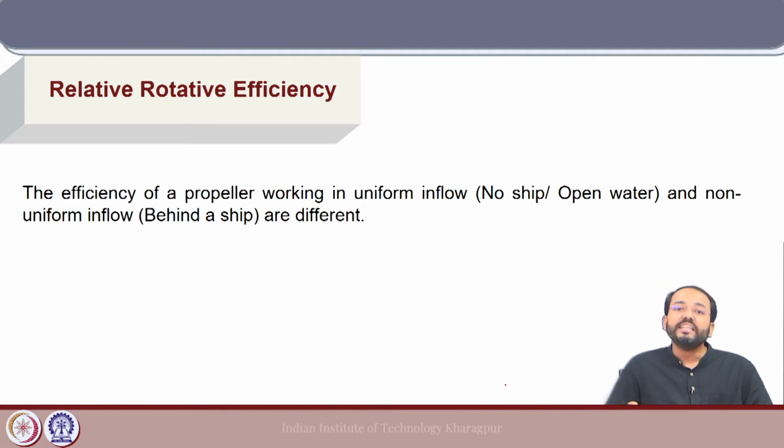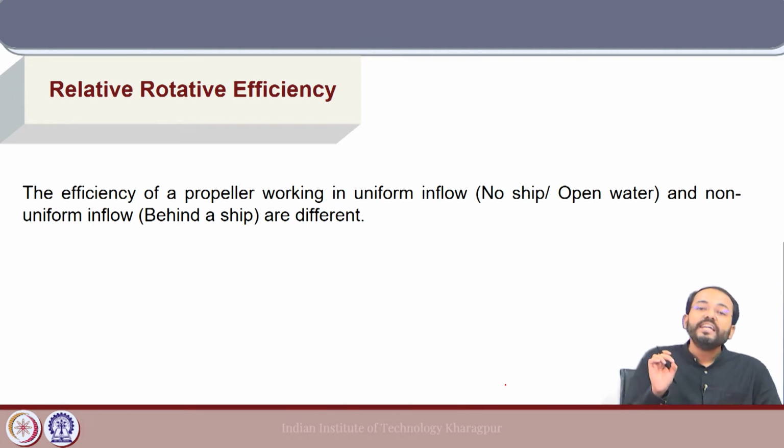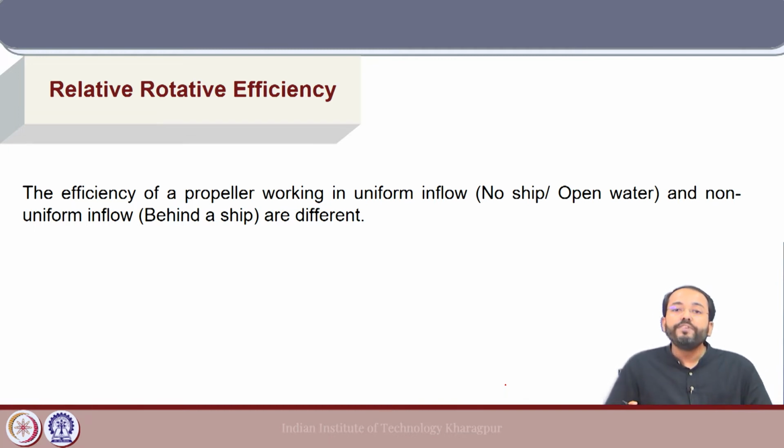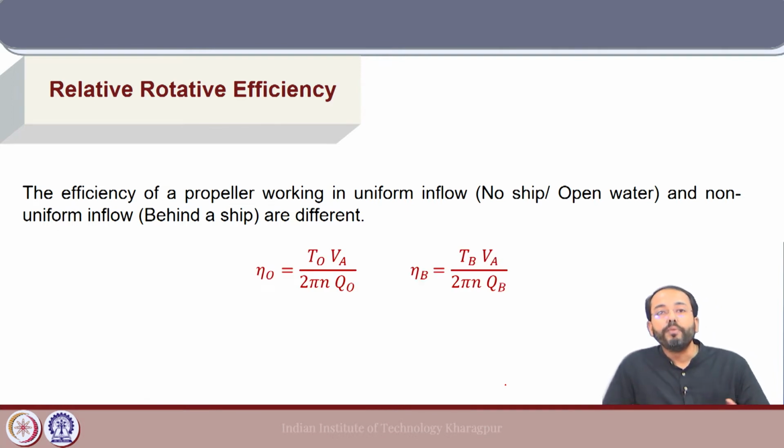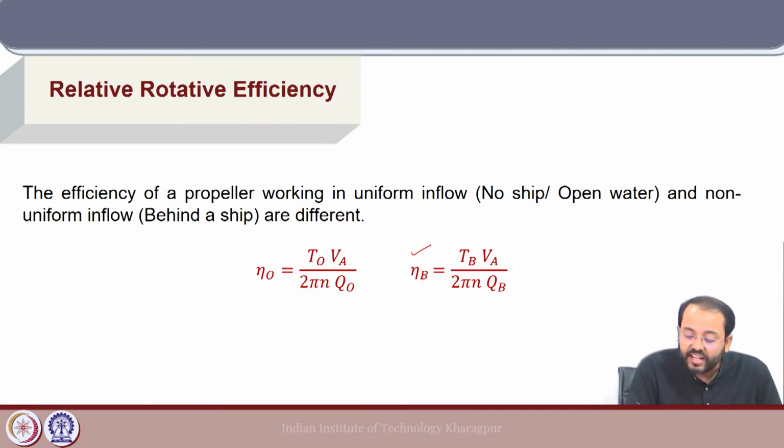So, in this case, the propeller works in a flow field where the velocities vary in both radial and circumferential directions. Hence, the efficiency of the propeller when working behind the ship will be different from the efficiency in the open water condition. This is mentioned in the condition of behind hull, eta B. So, for the open water condition, eta O, the efficiency is defined in this way: TO, which is the thrust of the propeller in the open water condition, multiplied by advance velocity by 2 pi n, the rotational speed, into torque.